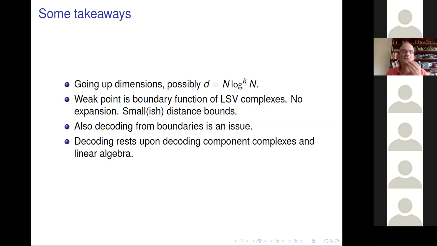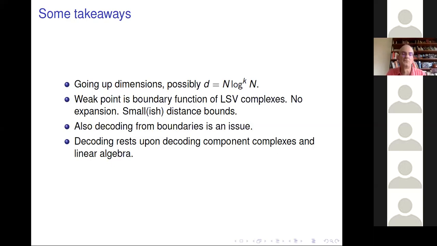As I've just mentioned, decoding from boundaries is always going to be an issue for these complexes. The weak point of these LSV complexes is the boundary function, which doesn't give you expansion and translates into comparatively smallish Z distance bounds.